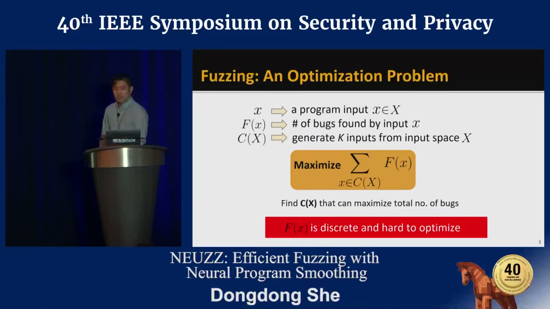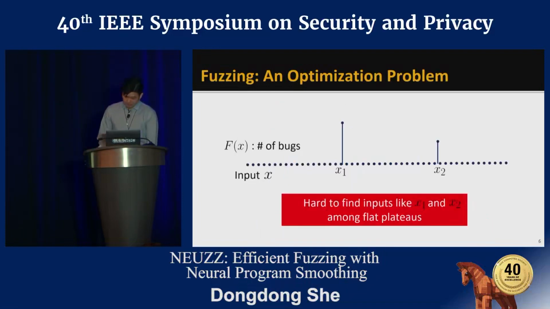However, such function f(x) is ill-behaved because it is discrete and mostly contains a lot of flat plateaus and sharp transitions, which make it really hard to optimize efficiently. Function f(x) is actually an impulse function and has two spikes, x1 and x2.